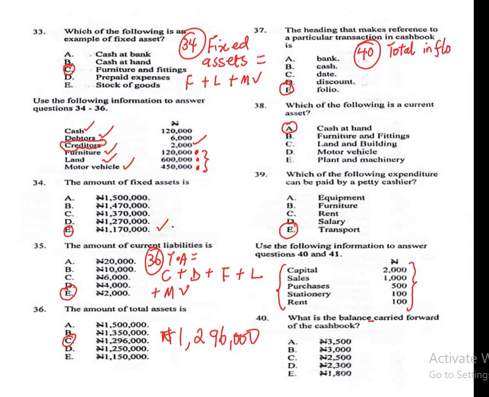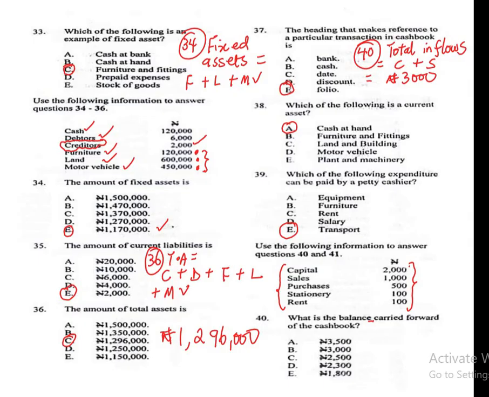Total inflows is equal to capital plus sales. In the information given, the capital is 2,000, sales is 1,000. So total inflow will be 3,000 naira. Take note of that.